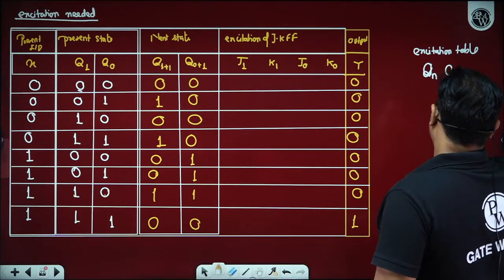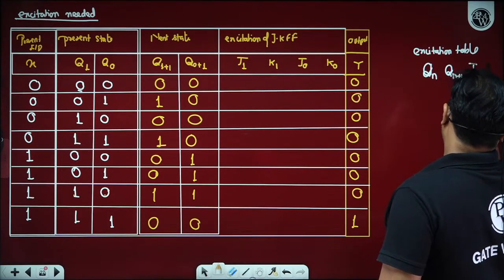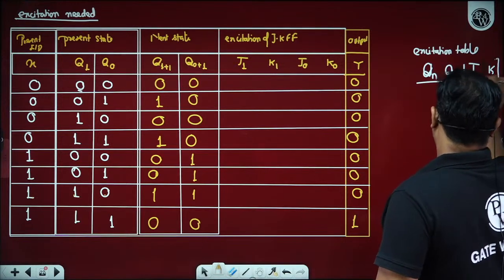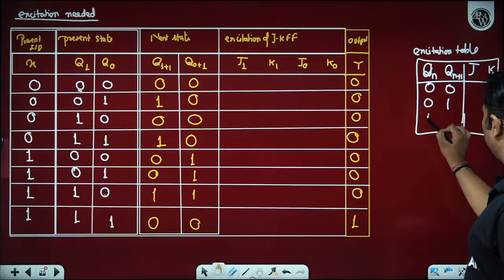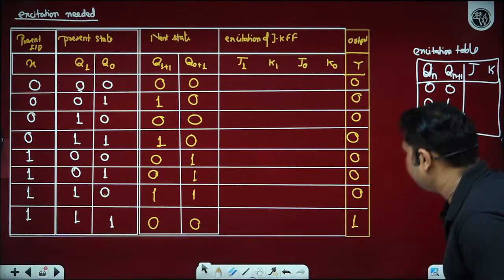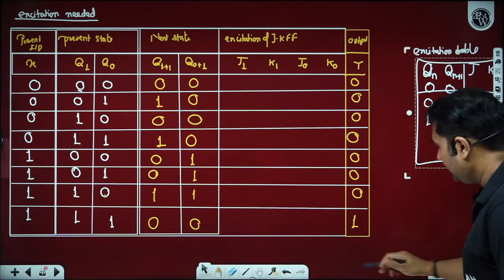Based upon the present state and next desired state, we can find the excitation needed on J and K. How many possibilities? 00, 01, 10 and 11.